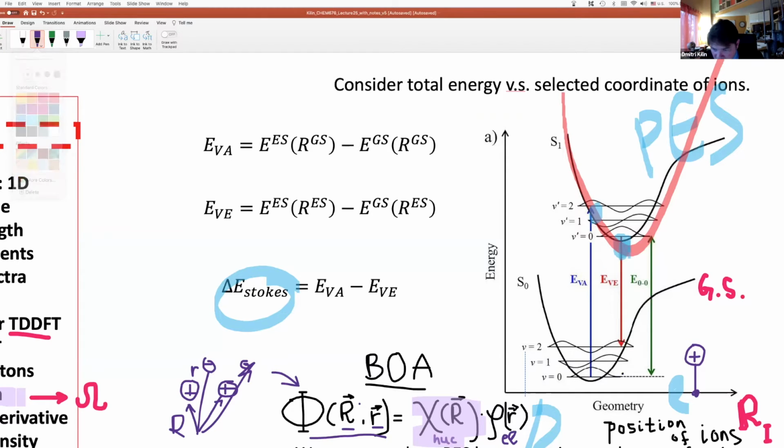So this one is chi naught of R. Next one is chi 1 of R. Next is chi 2 of R. And if the potential looks like parabola, then these nuclear wave functions will be very similar to eigenstate of harmonic oscillator. Lena, do you remember this concept from your physics courses?